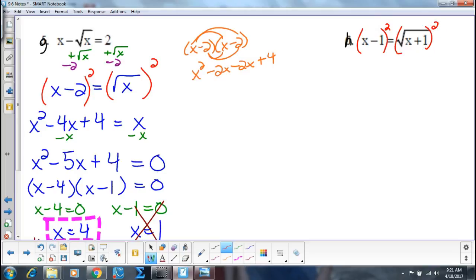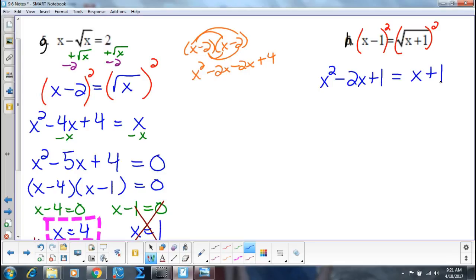On the left, when I square it, what do I get? X squared minus 2x plus 1. On the right side, when I square it, what do I get? X plus 1. Okay, now what do I have to do?